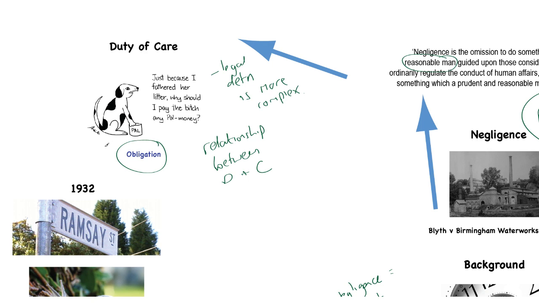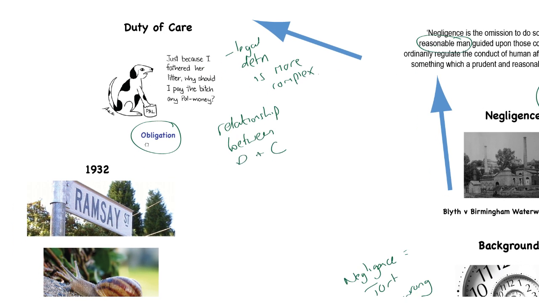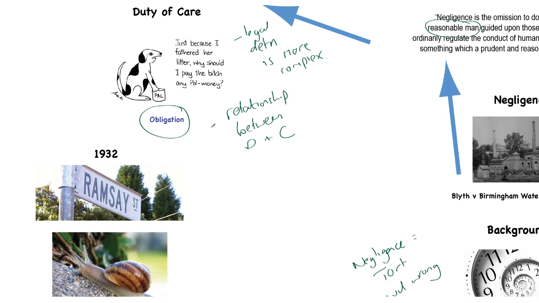Now, before 1932, the law concerning what we actually mean by duty of care, this legal definition, is a little bit patchy. But in 1932, as you can guess from the sign, we are introduced to something called the Neighbour Principle.